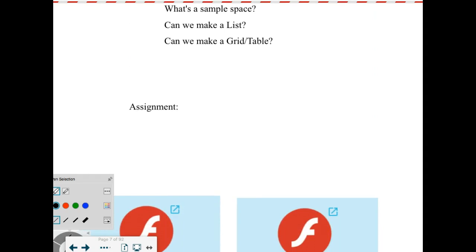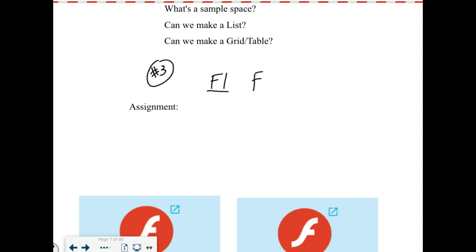When you think about flipping 4 times, that's an F. Flip 4. Okay, what scenario?